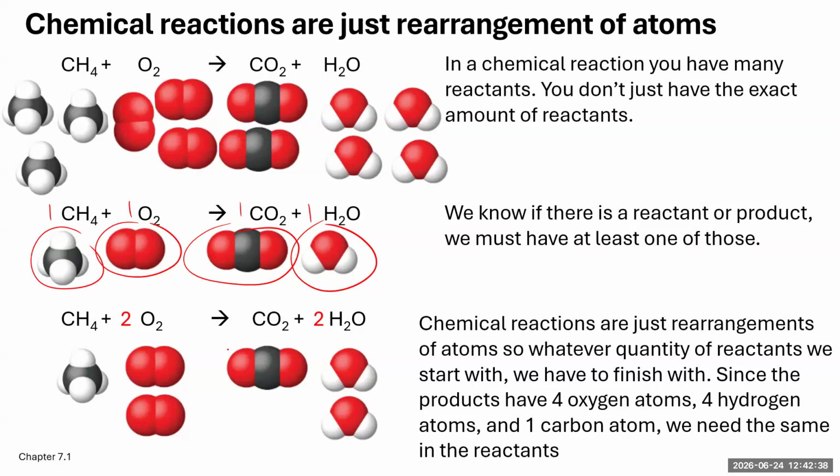So since the products have 4 oxygen atoms, 4 hydrogen atoms, and 1 carbon atom, we need the same in the reactants, right? So then we added an O2 molecule and an H2O molecule. Now we have the same amount of atoms on the left and right sides of the equation, all right?